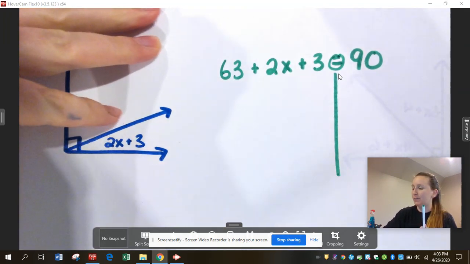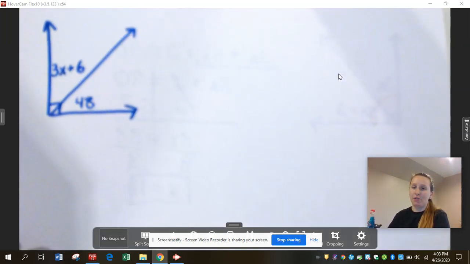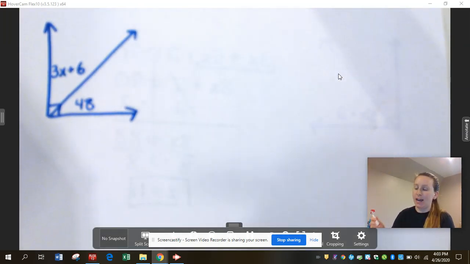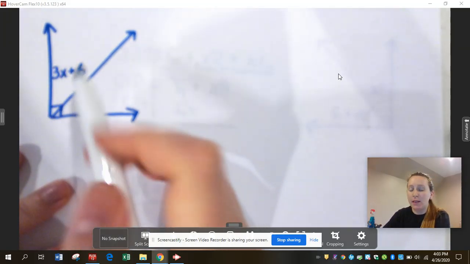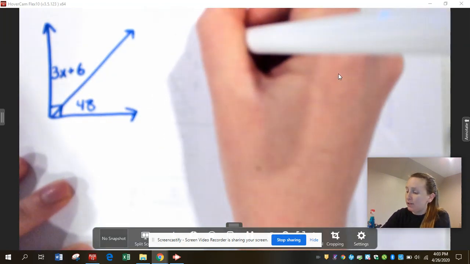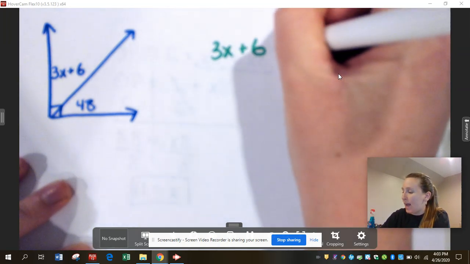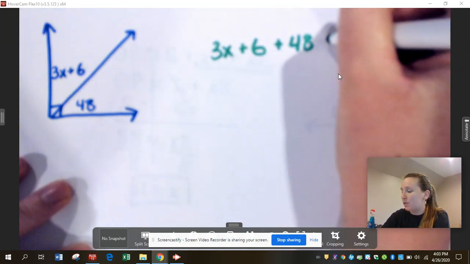For the next one, you've got 3x plus 6 and 48. So I know these two angles, when they add together, should be 90. This entire angle is 90 degrees. So I take my two angles, 3x plus 6 is my first angle. I'm going to add 48 to it, which is my second angle.